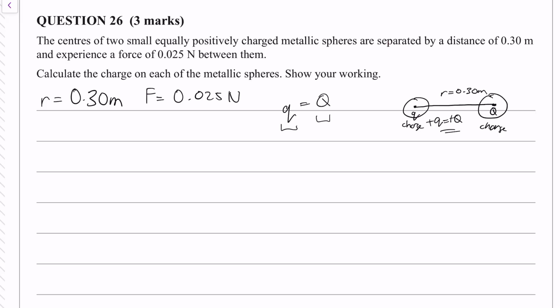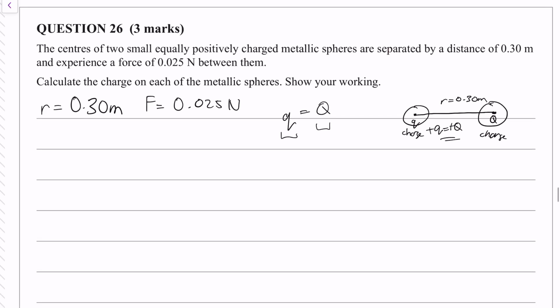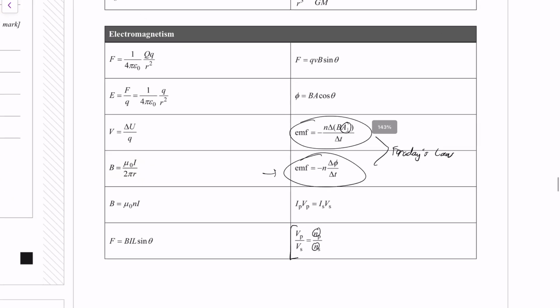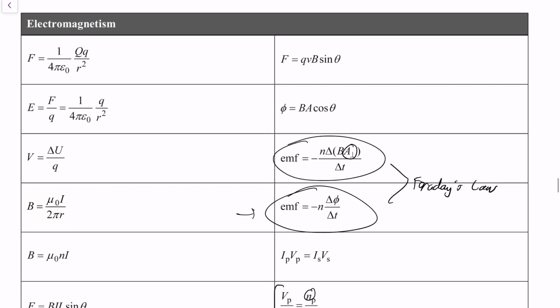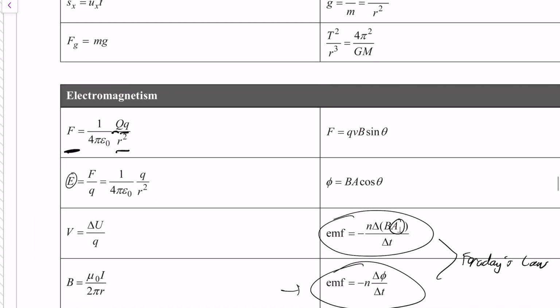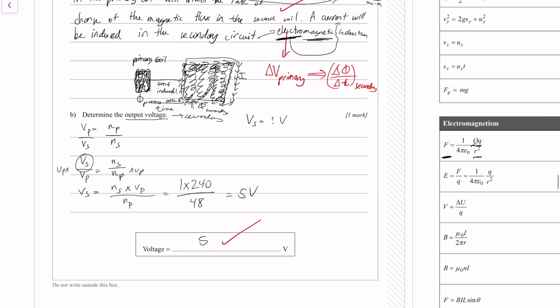Now, what we have to do is figure out a formula to use. We're just looking at electromagnetism. This is where electric stuff is. We have force here. We have Q, Q, R. I reckon this is pretty good. We wouldn't use other formulas like the second one because that has capital E, and we're not dealing with capital E at the moment.